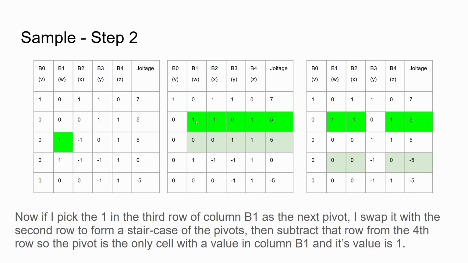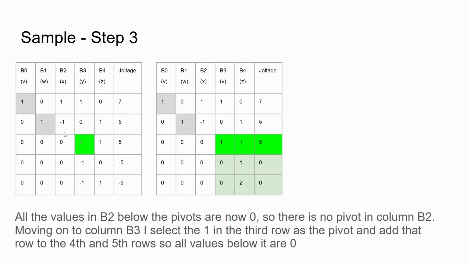So here I take this pivot, swap it up here, and then the only other row with the 1 is this one, so I subtract this again from here. So 1 minus 1 is 0, -1 minus -1 is 0, -1 minus 0 is -1, and 1 minus 1 is 0, and then 0 minus 5 is -5.